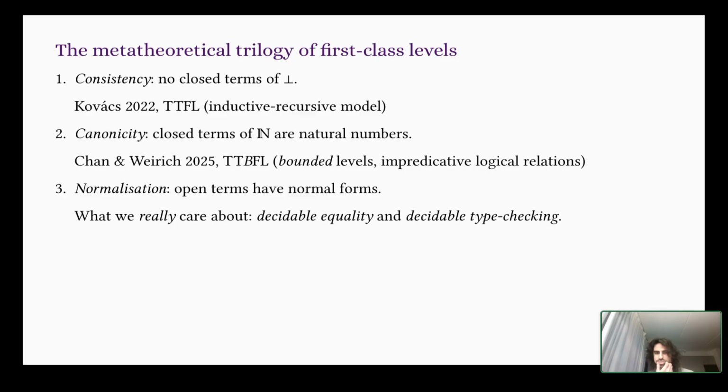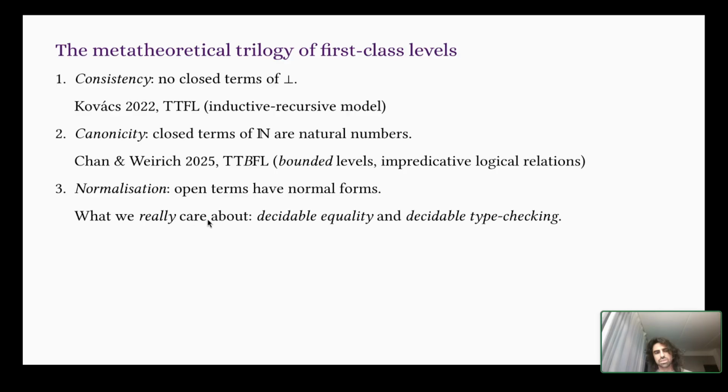And the way that this is usually implemented for dependent type theory is using something like normalization by evaluation. So these are all sort of related properties. This is also related to the question of decidable equality.